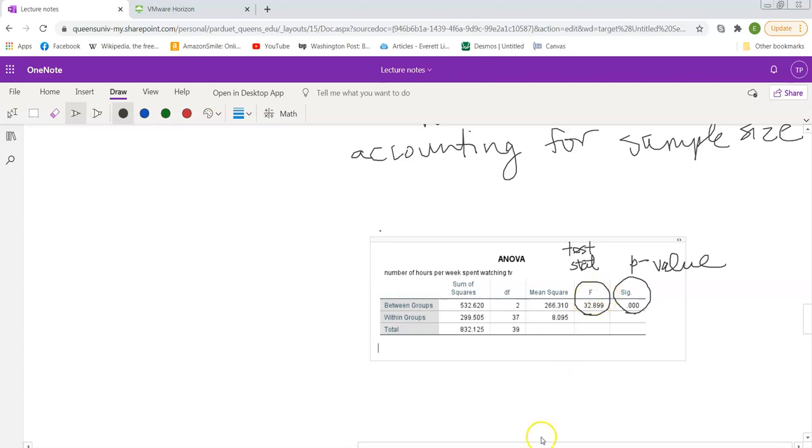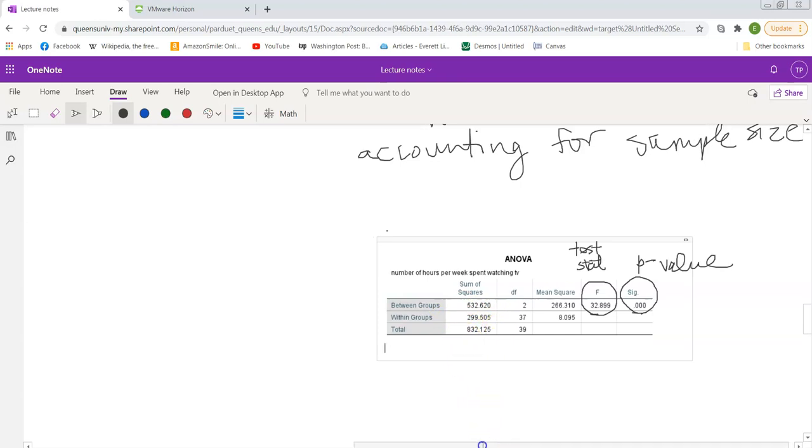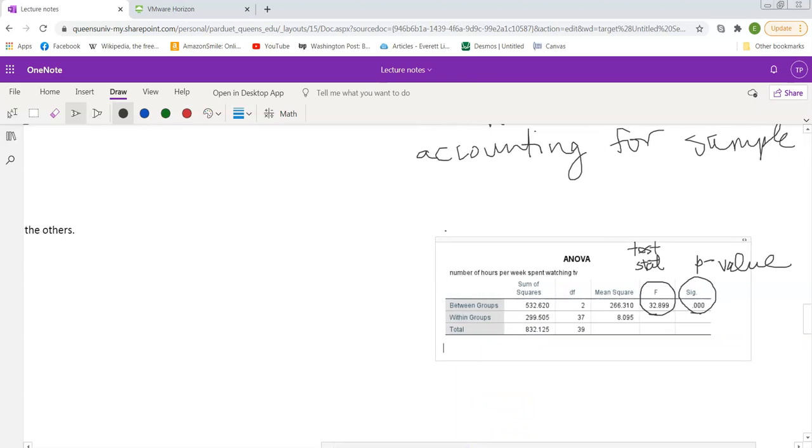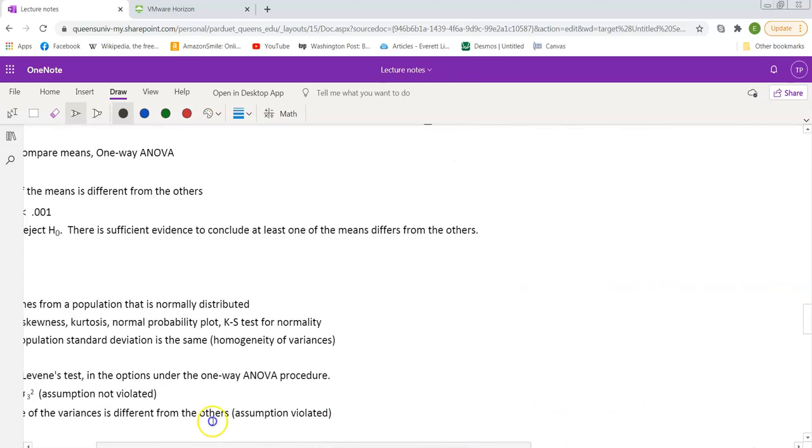All right, so there's our test statistic, there's our p-value. This is our sum of squares between groups, sum of squares within groups, and our total sum of squares. Point that out because we're going to come back to that when we get to effect size.